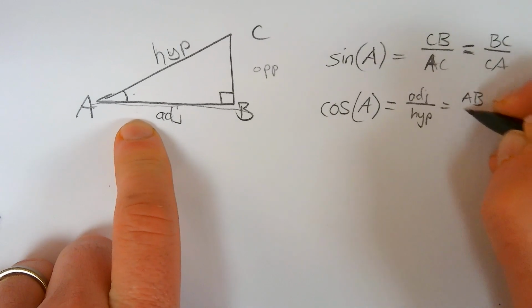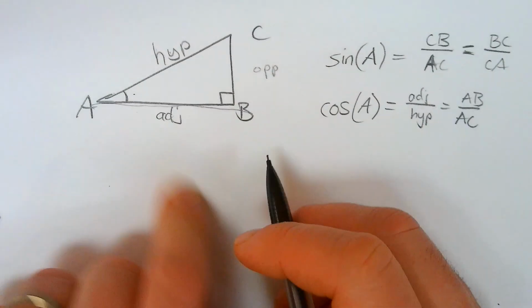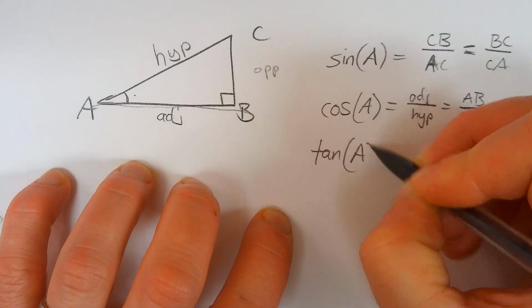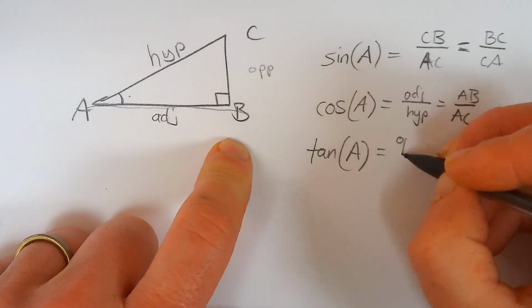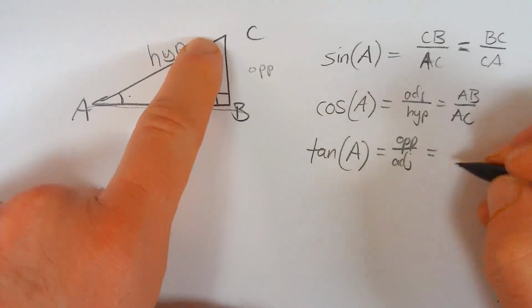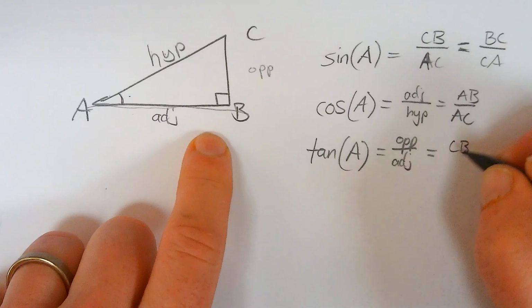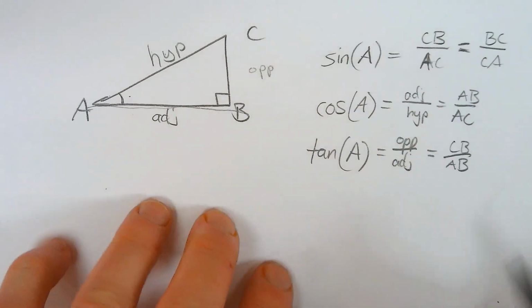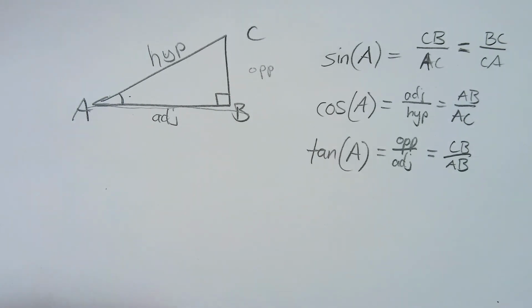The hypotenuse is AC. Done. And the tangent of A is the opposite over the adjacent, which the opposite is CB or BC, and the adjacent is AB.